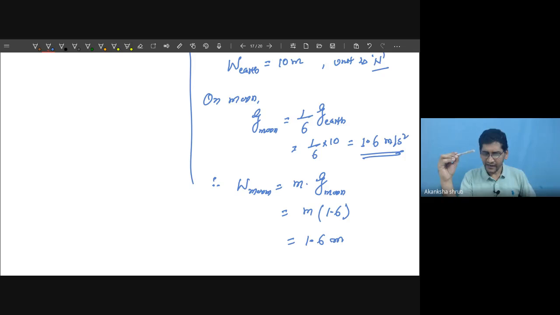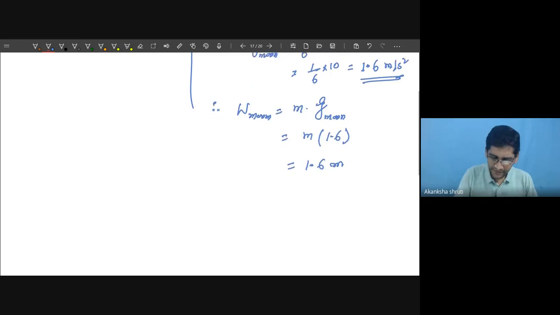So this way we are observing that weight varies from place to place, planet to planet. It is also possible that if acceleration due to gravity g is 0 somewhere, then its weight can be 0. That condition is called weightlessness.